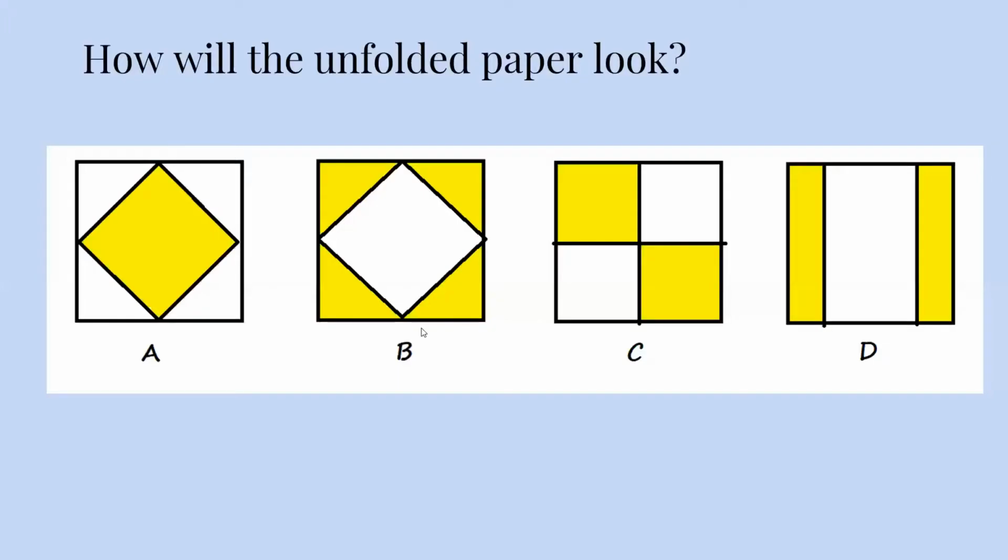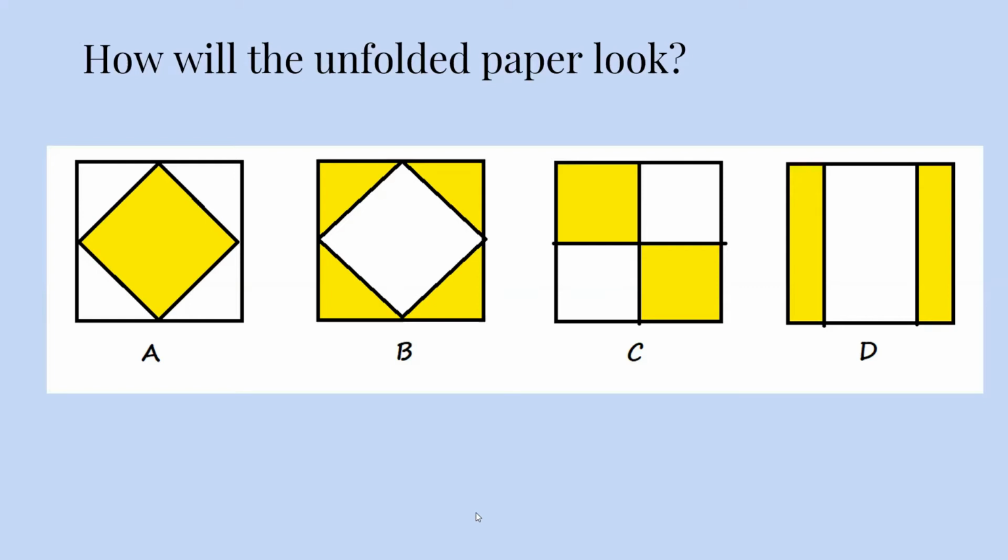So let me share the screen. Now the boat that you have made and you have colored, if you unfold, don't unfold now. I'm just asking this question. Just think and answer first, then we will see what it looks like. So if you unfold the paper, how will the colored portion look like? Will it look like A, B, C, or D? You can put your option in the chat.